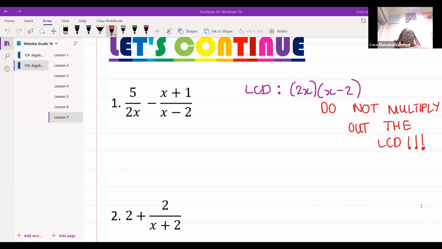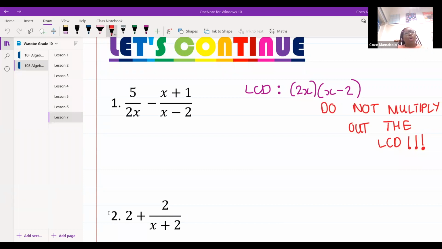Do not multiply out the LCD. It's going to complicate life. You will not see what is missing from the top. Thank you, Q. Thank you, Jerison. Thank you, Nsako. Thank you, Mulisa. Thank you, Busiwe. Thank you, Lusanda. Do not multiply out the LCD. Thank you, Teacher Neliswa.